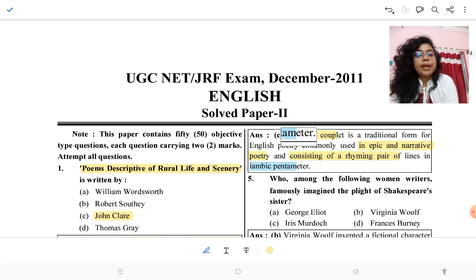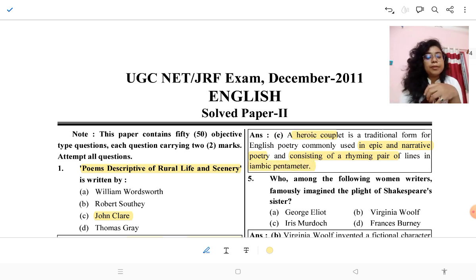This question made me remember something: in these exams they now ask the original title of the text. They will not ask Waiting for Godot; they will give the French title of the text so that you can understand.